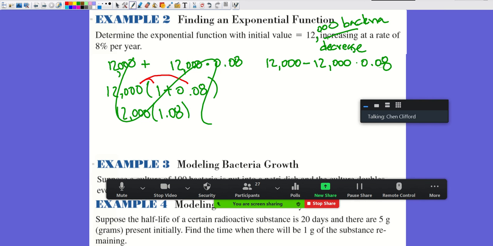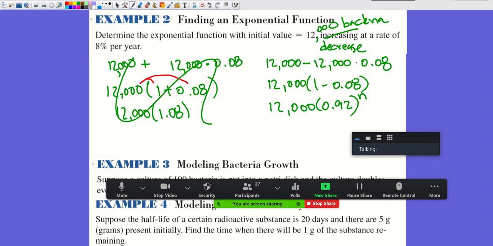And if we were to reverse distribute, you get 1 minus 0.08, and then you get 12,000 times 0.92 to the n, for the number of years. So if it's decay, if it's decreasing, you do 1 minus that and you get 0.92. If it's increasing, you do 1 plus that.